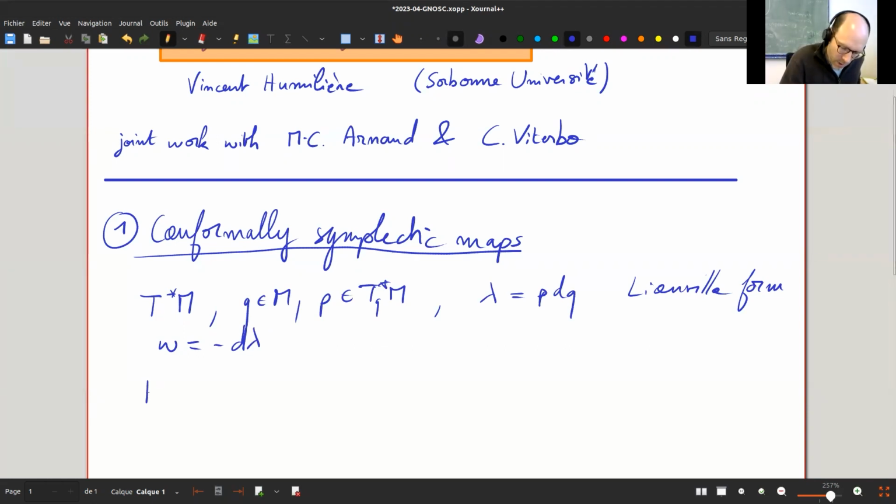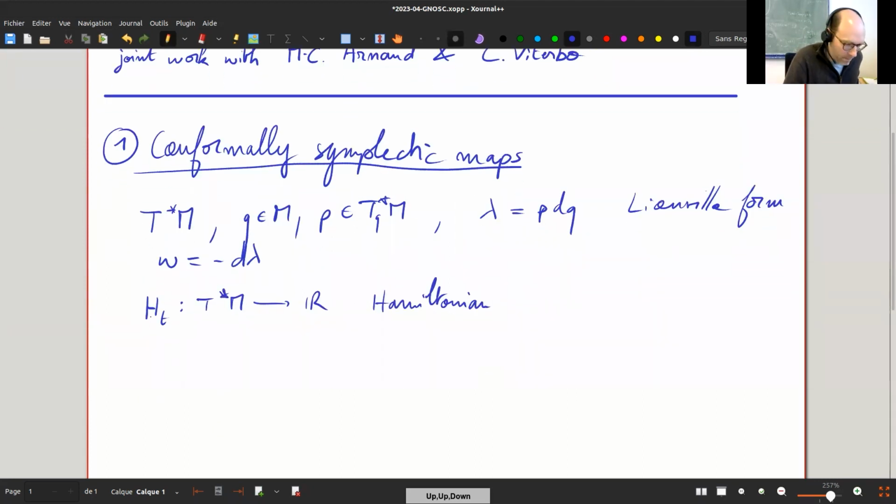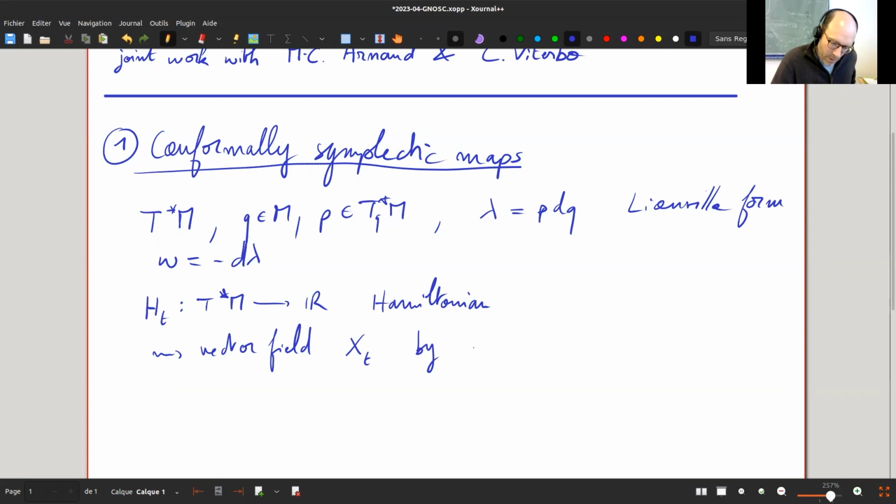If we take a Hamiltonian, which is just a function that depends on time, we can associate to it a vector field X_t, defined by omega of X_t equals dH_t.